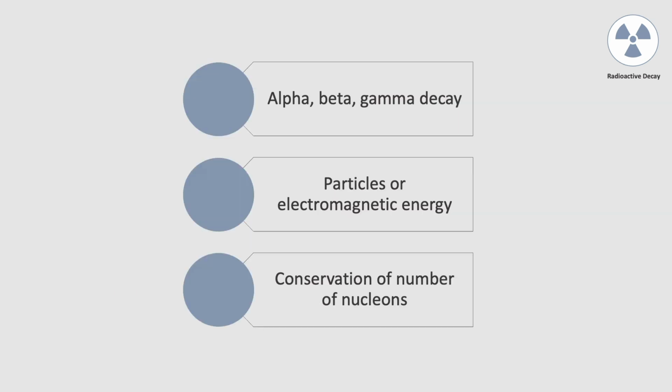There are three types of decay, namely alpha, beta, and gamma decay. During alpha and beta decay, which includes beta plus and beta minus decay, particles with mass are emitted. During gamma decay, gamma rays are emitted, which are light waves.